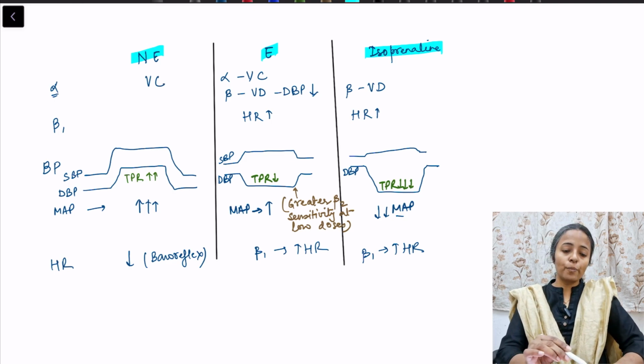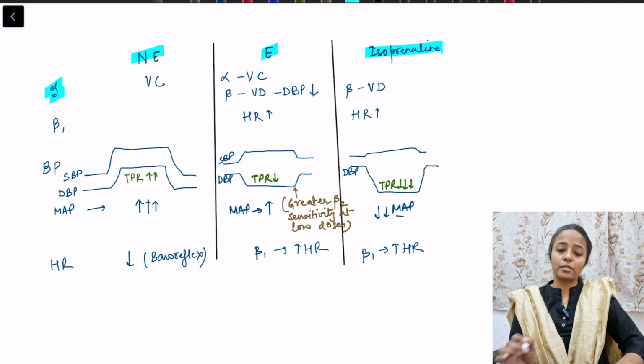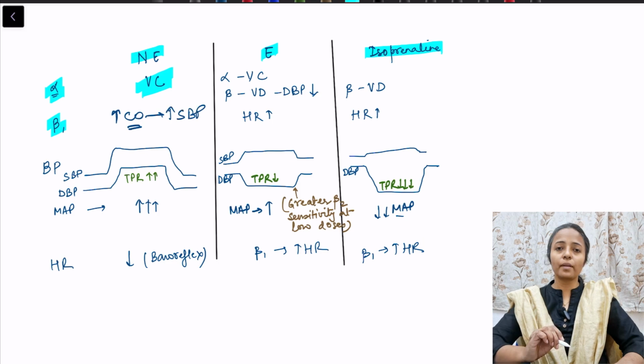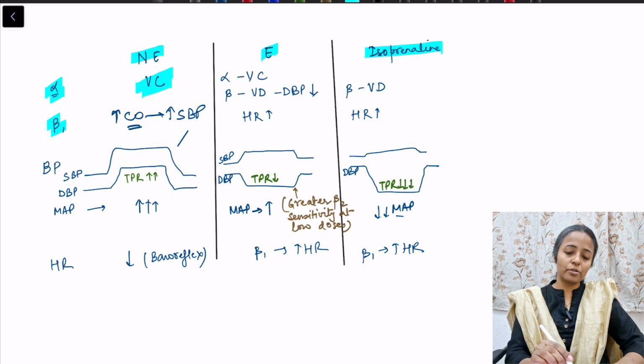Okay. Because of alpha action, norepinephrine is going to cause vasoconstriction, and because of beta 1 action, it is going to have an effect on the heart. That is going to increase the cardiac output, right? So that is going to increase the systolic blood pressure. Now you see there is an increase in systolic blood pressure. This is the baseline systolic and diastolic blood pressure, and here norepinephrine is given.